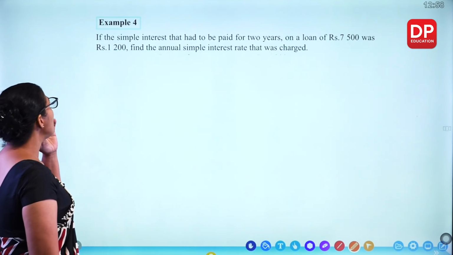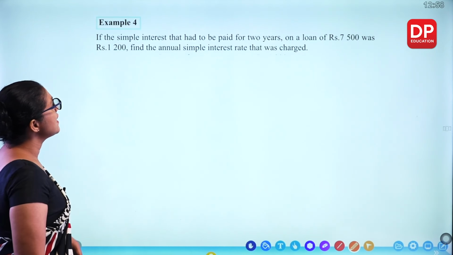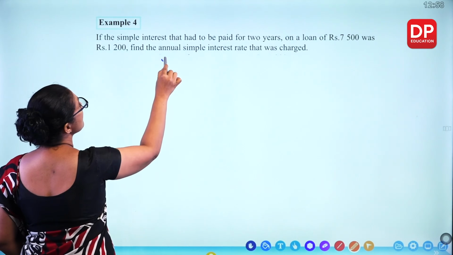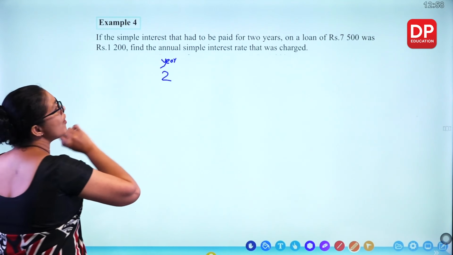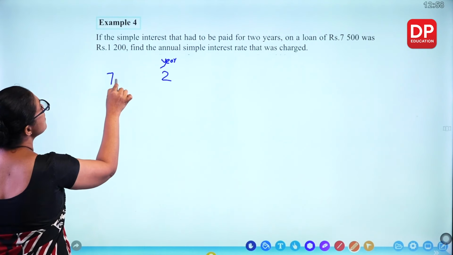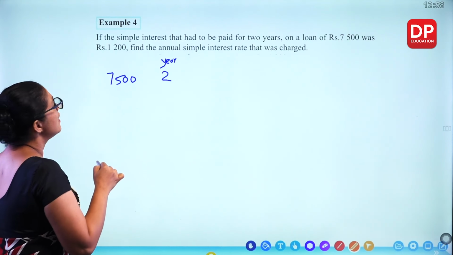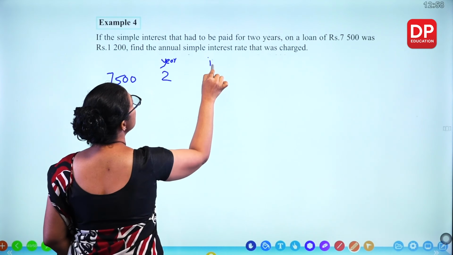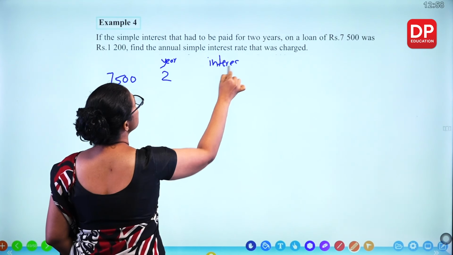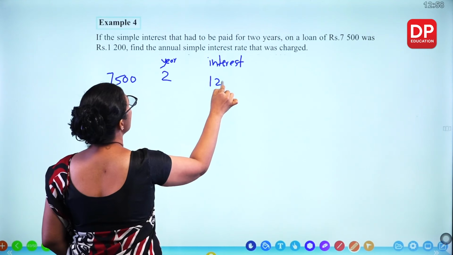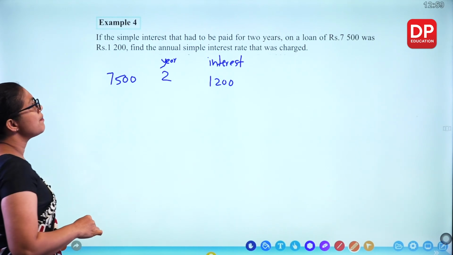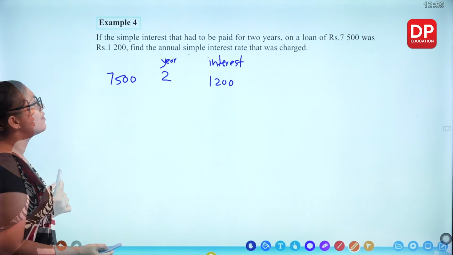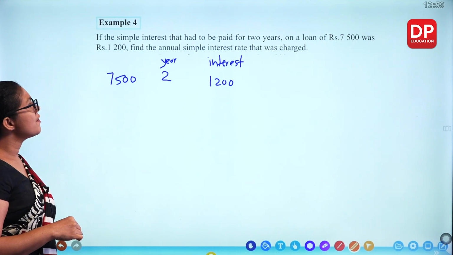Example number 4. If the simple interest that had to be paid for 2 years on a loan of 7,500 was 1,200. So the interest is given as 1,200. Find the annual simple interest rate that was charged. So you have to do it the other way round.